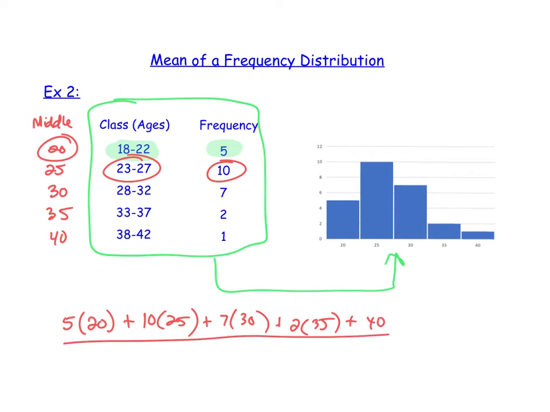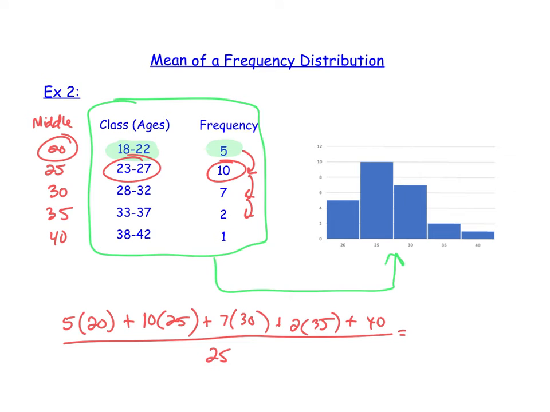And then we just divide it by how many total data points there are. So if we have 5 plus 10, that's 15, plus 7 is 22, plus 2 is 24, plus 1 is 25. So let's plug this in our calculator.